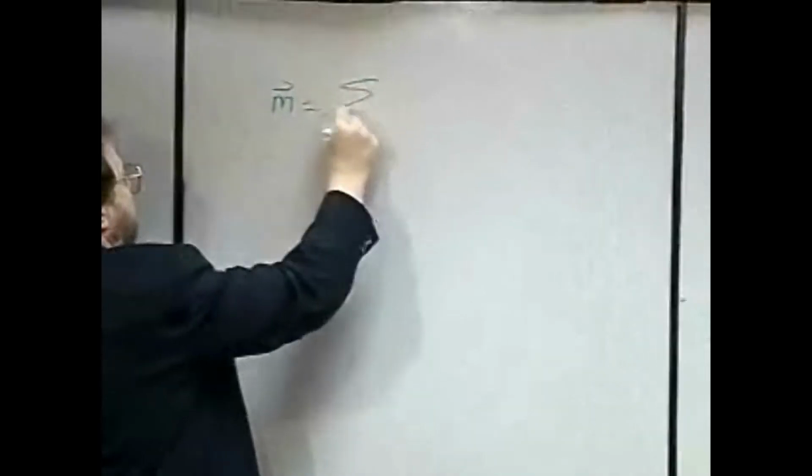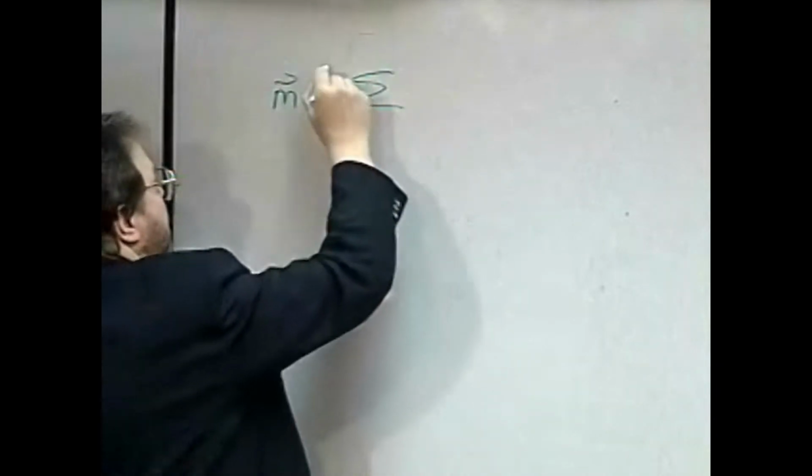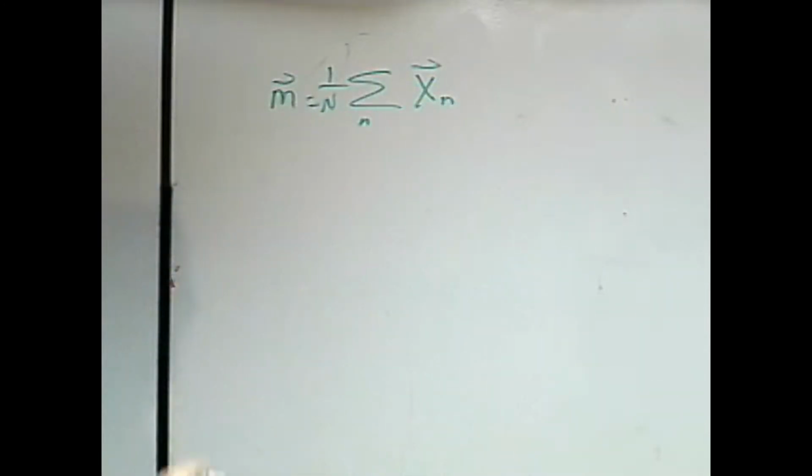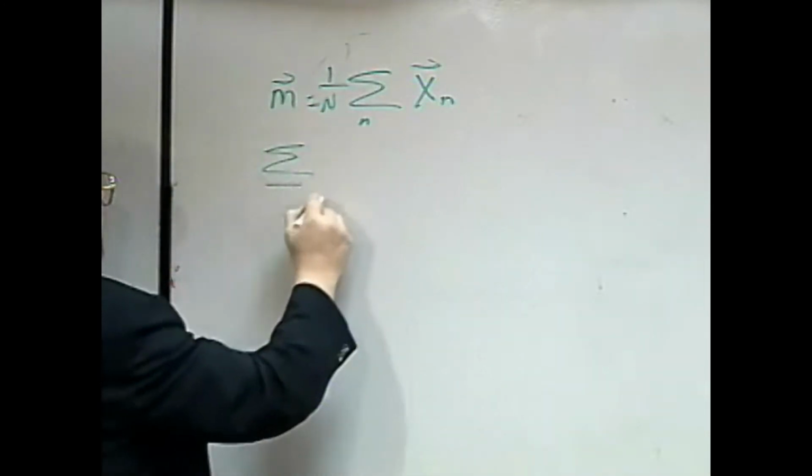We first of all compute the mean and the covariance matrix.